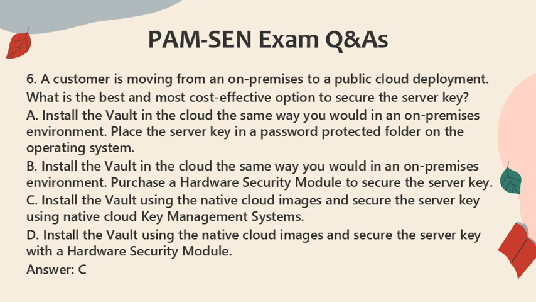Purchase a hardware security module to secure the server key. C. Install the Vault using the native cloud images and secure the server key using native cloud key management systems. D. Install the Vault using the native cloud images and secure the server key with a hardware security module. Answer: C.